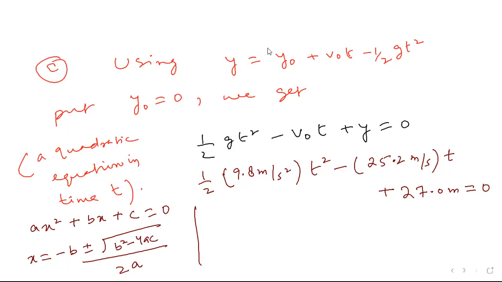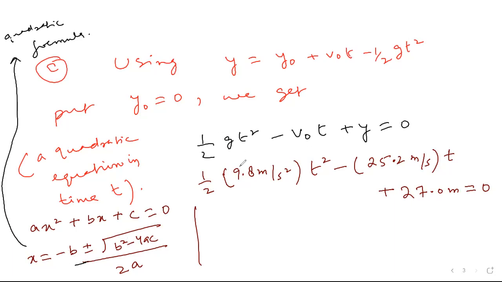This formula is called the quadratic formula. If we have a quadratic equation in x, general form, ax square plus bx plus c is equal to 0, then the solutions of x are given by this quadratic formula, minus b plus minus square root of b square minus 4ac whole divided by 2a.